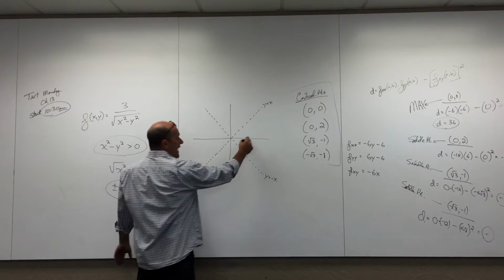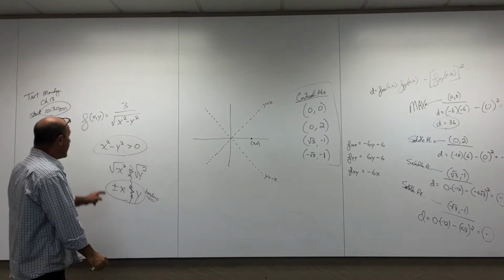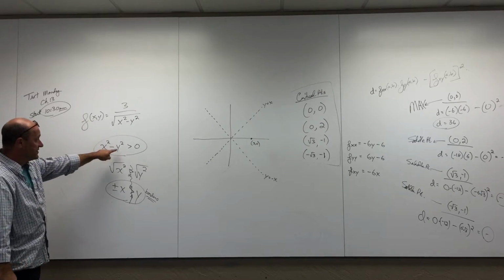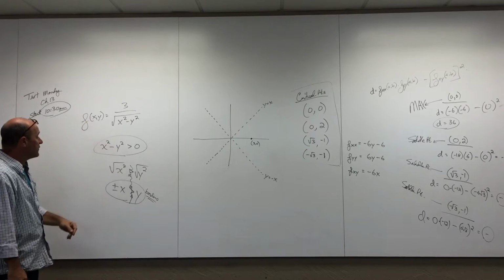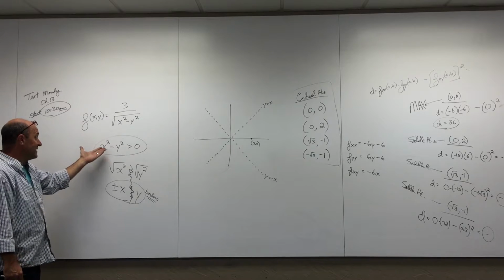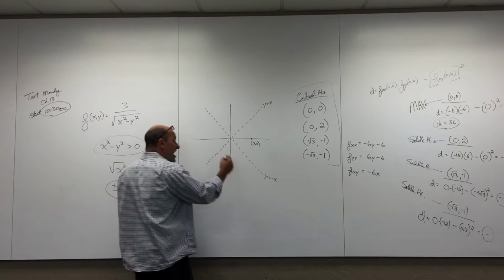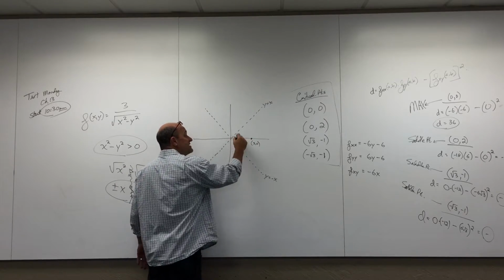Watch. Pick a test point out here, like 3, 0. If you plug that in, 3 for x, 0 for y, is it true or false? You would get 9 is greater than 0. Is that true? Well, then shade that region.